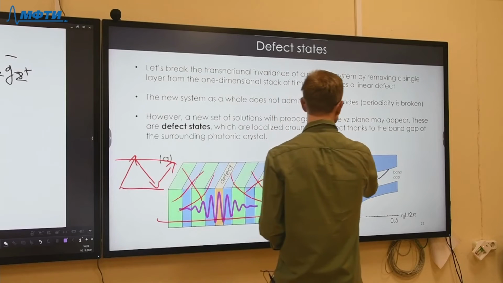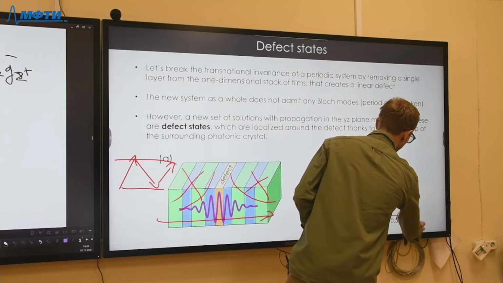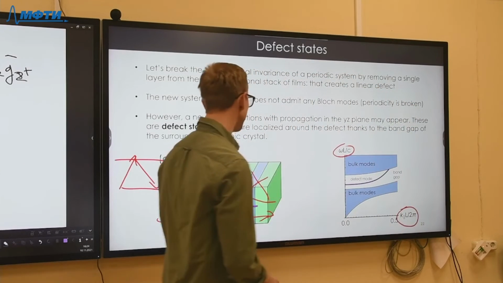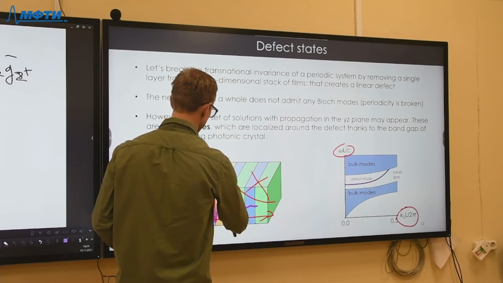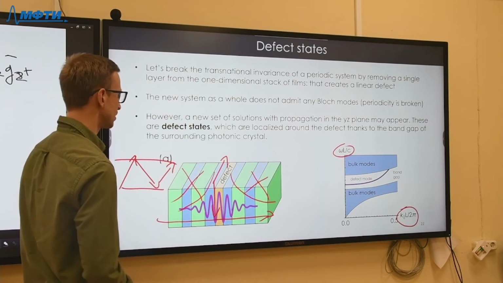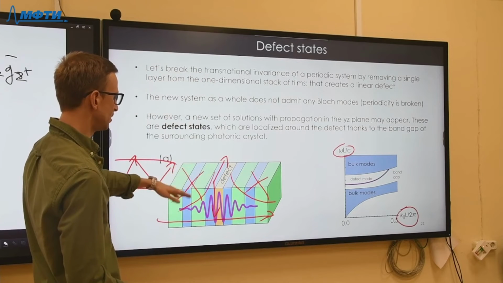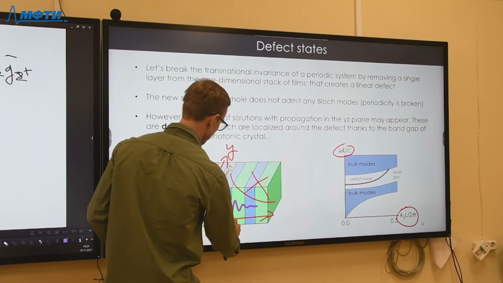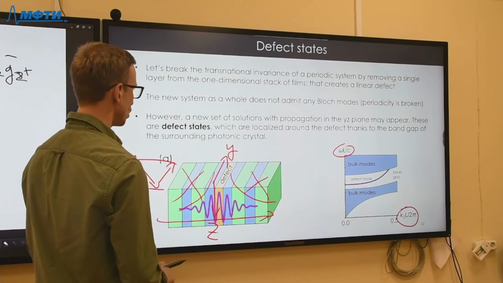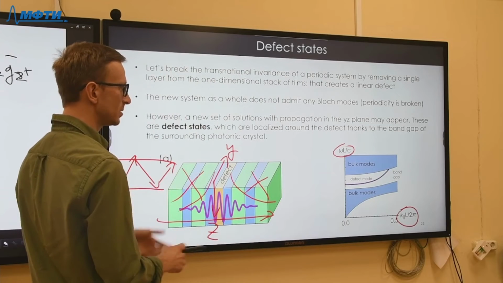So if this is frequency, and this is the parallel wave vector, and parallel wave vector means it is parallel to this plane. So these are the components of the wave vector lying in the YZ plane, in which the system is still translationally invariant.